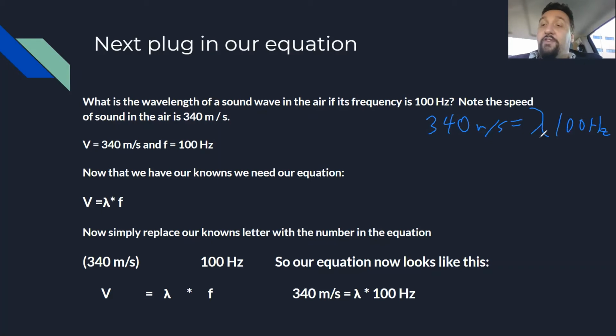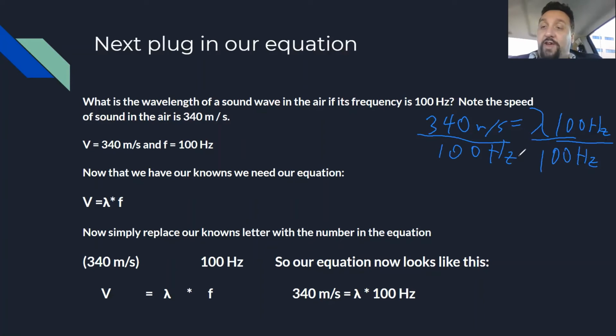Now to separate things, we always do the opposite to them. Since this is being multiplied, lambda times 100 hertz, we're going to divide both sides by 100 hertz. Anything divided by itself becomes 1.